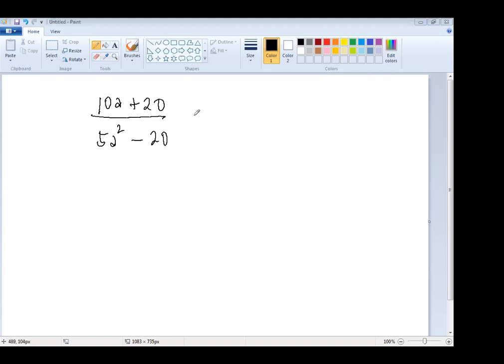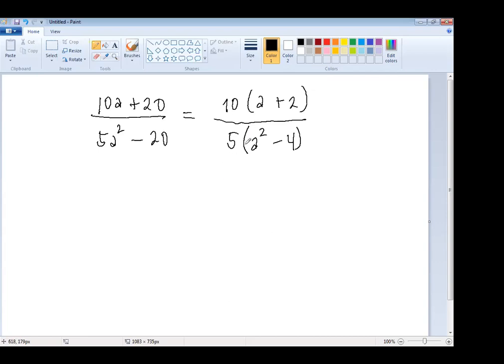Here, the common factor of this one is 10, right? Because when you divide 20, we can still have that. So we factor out 10 times a plus 2. And then here, we can simplify that as 5 times a squared minus 4.